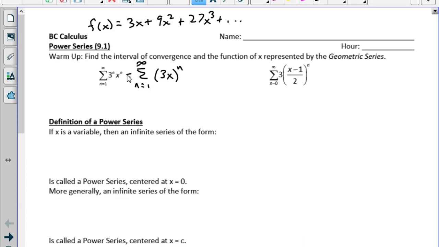If we try to find the interval of convergence for that, it's going to be somewhere between -1 and 1 for a geometric series, obviously, because we have something to the nth power. So for a geometric series, it has to be between -1 and 1. So we know that x converges between 1/3 and -1/3.